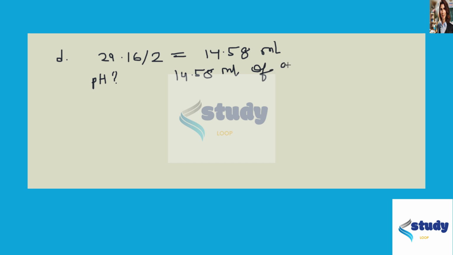So half my equivalence point, which is divided by 2, will be 14.58 milliliters. So essentially what they're asking me is what is the pH when 14.58 milliliters of acid has been added.